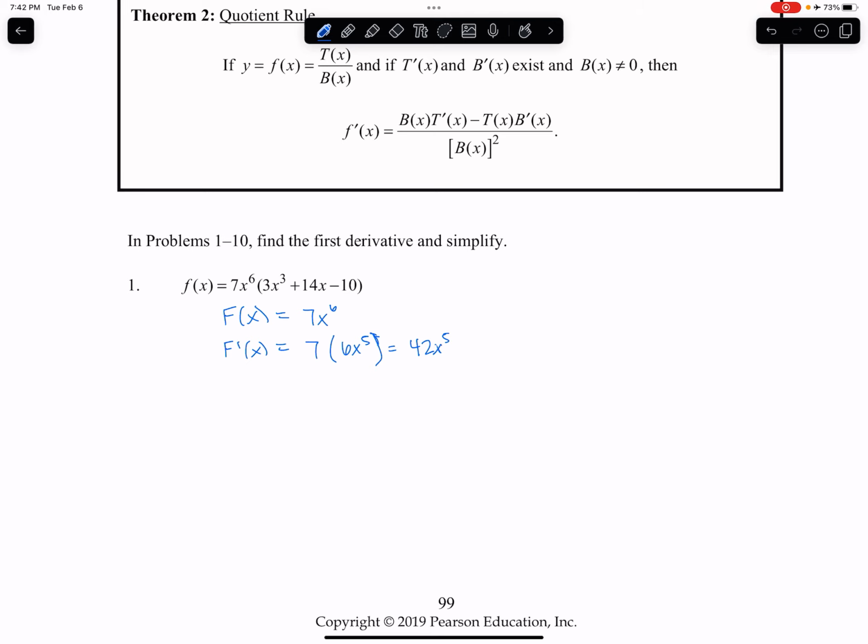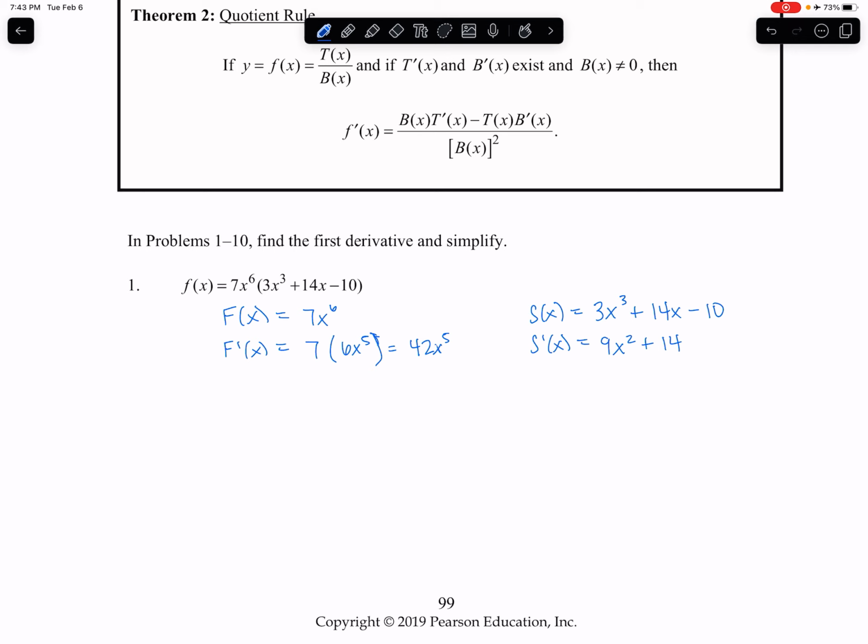Okay. Our second function is 3x cubed plus 14x minus 10. And the derivative of our second function is 9x squared plus 14.